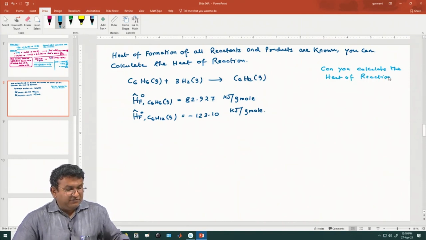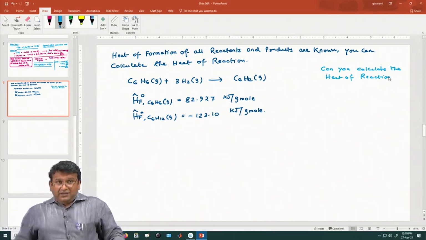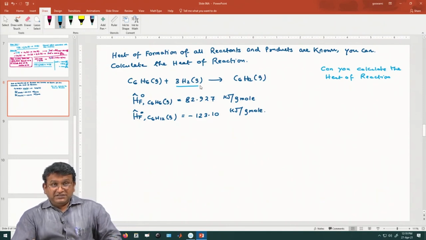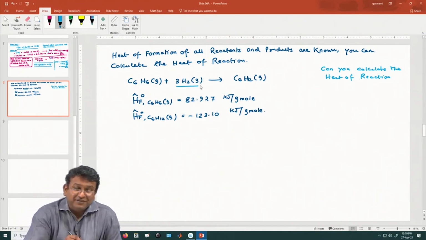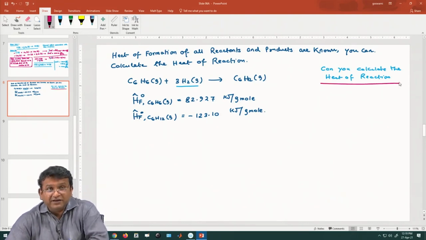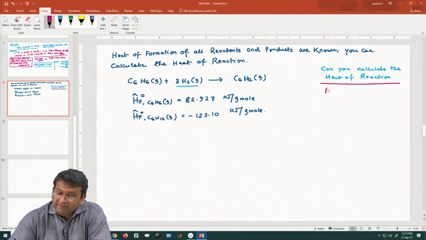The answer is everybody will say yeah, we can calculate, because this is an element and therefore its heat of formation is 0, but here comes the real rider, your real understanding. Your answer should be yes, we can calculate the heat of reaction, but only at 25 degree centigrade and 1 atmospheric pressure.